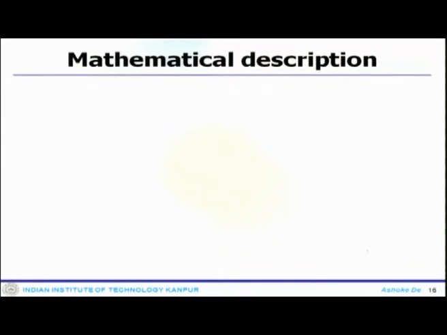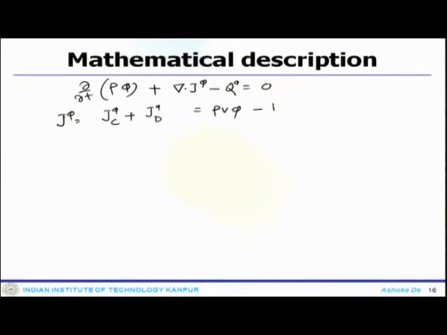So if I write them in slightly simplified form, this plus del dot J phi minus Q phi equals 0, and J phi is a combination of both my convection plus diffusion fluxes, which is rho V phi minus gamma del phi.